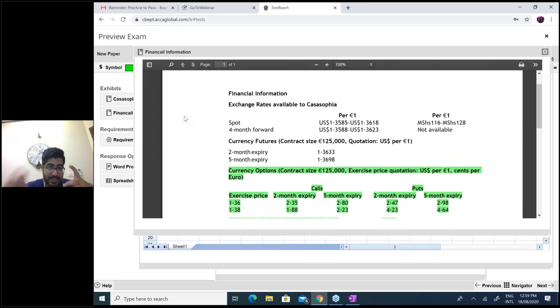Take put option, selling, sell dollars. But when you go to the money changer, you see that in options, the contract size is not offered in dollars. Here in this question, the contract size is offered in euros. The financial institution is not giving option size in dollars. He's giving option size in euros.